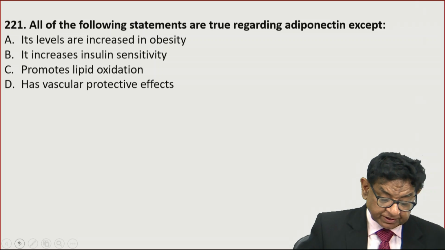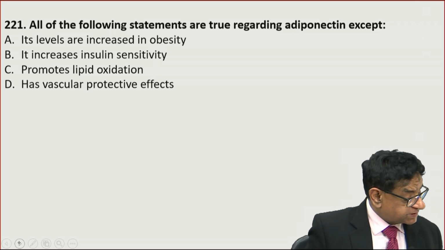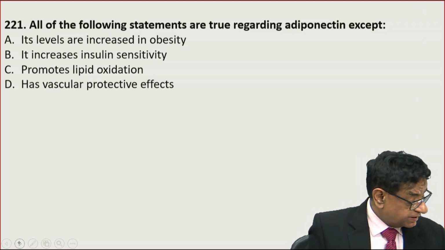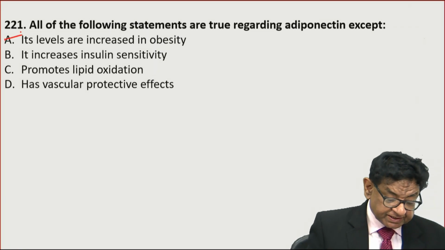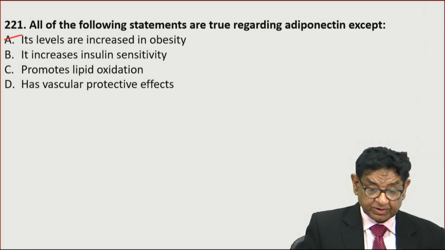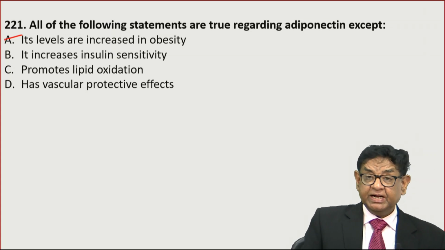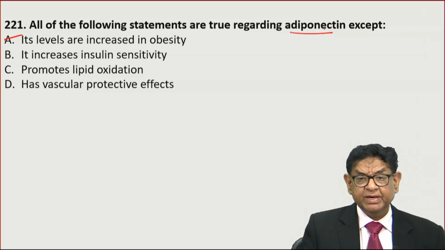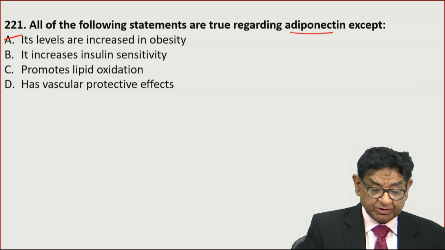Question 221. All are true about adiponectin except: the answer to this question is that its level increases in obesity. Rather, the level reduces in obesity. Well, in our body there are certain molecules which occur naturally.